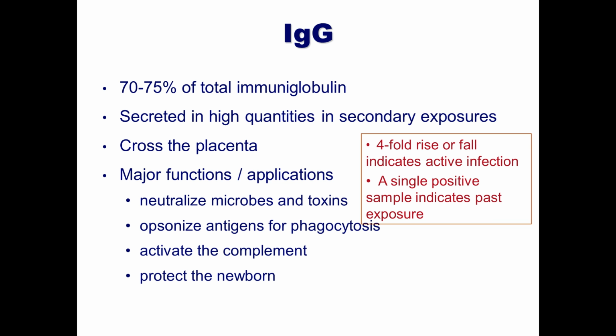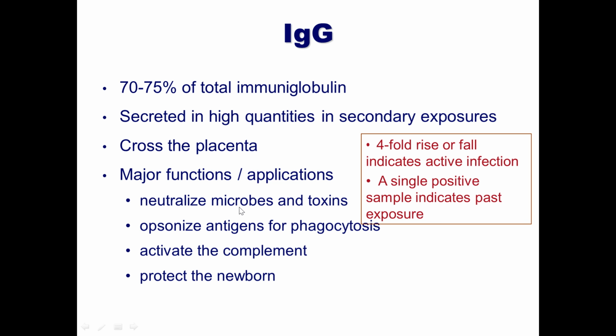This IgG crosses the placenta. This is the only antibody present in a fetus, because IgG has the property to cross the placenta and provide immunity to the fetus.